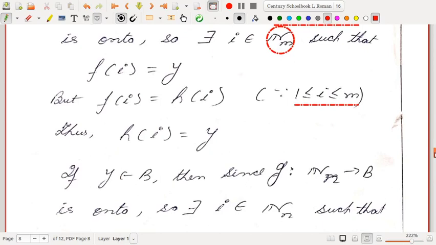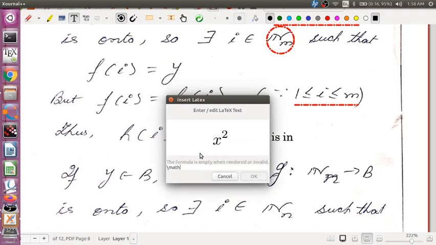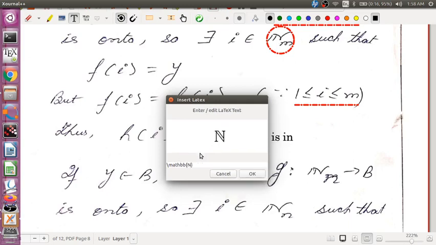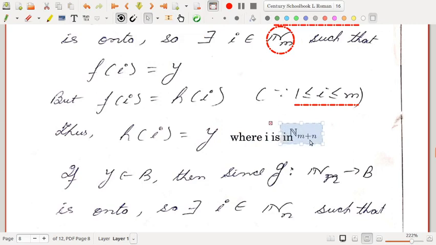So we have got an element i in the set N_{m+n}.